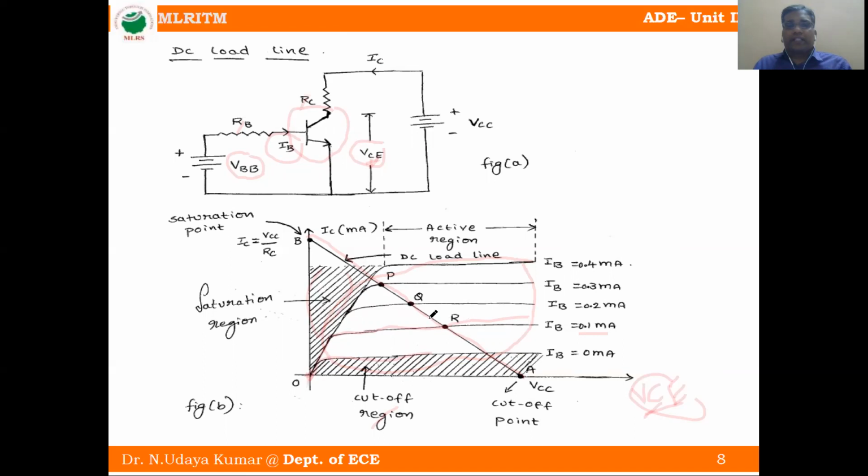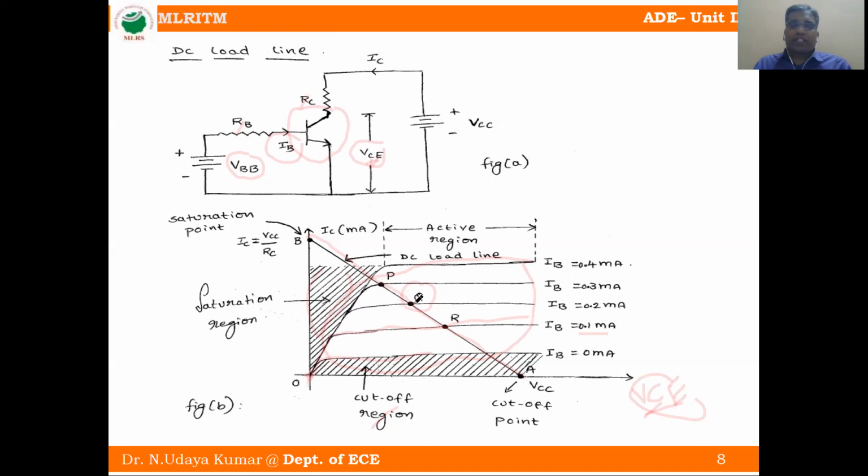What do you mean by Q? Q means quiescent point or operating point. We always take the operating point at the middle of the active region only, because we will get the full wave amplified. If we take this Q point above the middle, the positive portion is clipped.